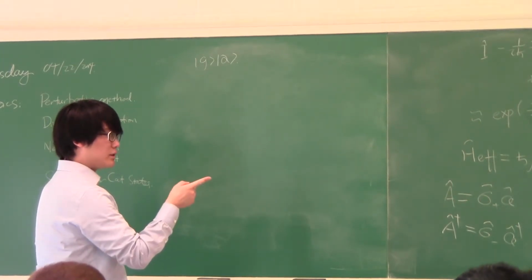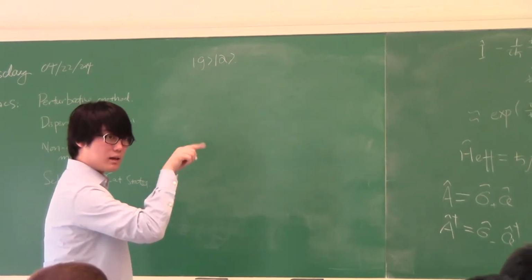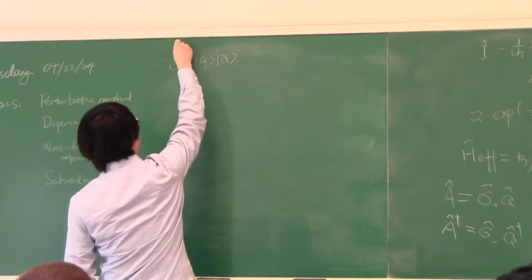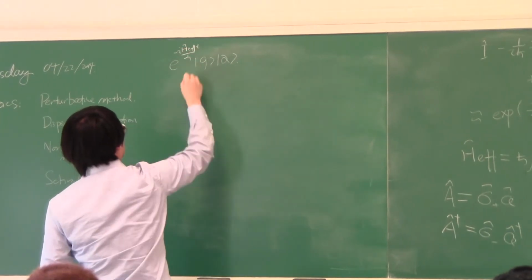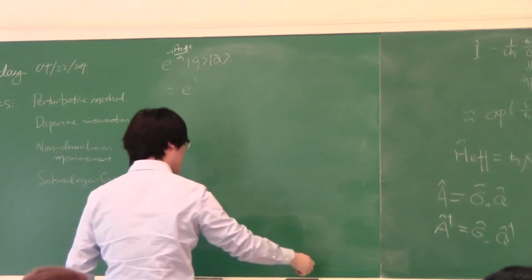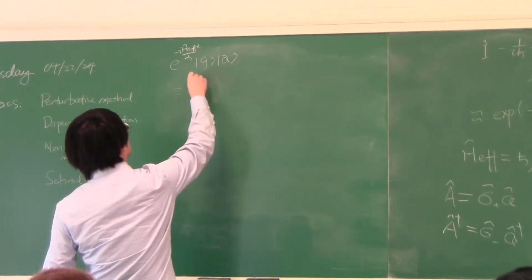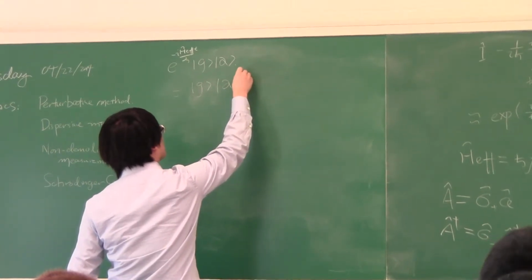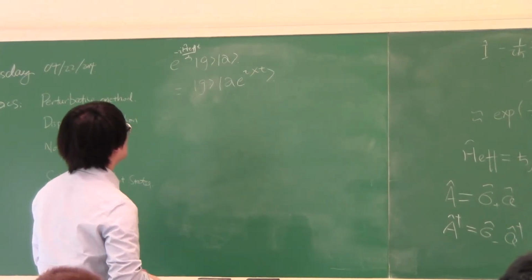Using that effective Hamiltonian, the ground state is going to give us just a plus sign, because of what we have said. So e to the minus i H effective t over h bar. This is just using the ground state, alpha e to the i chi t. And why is that?